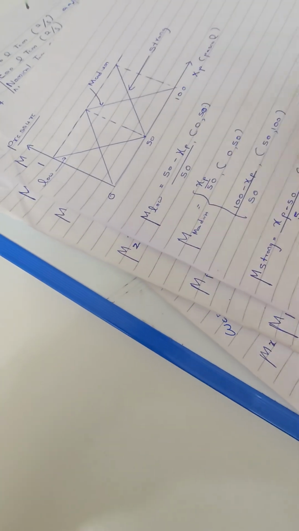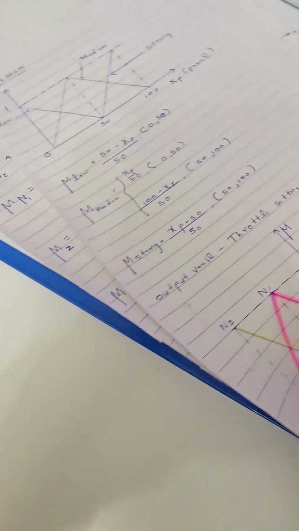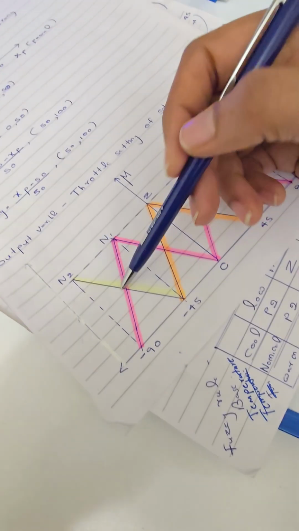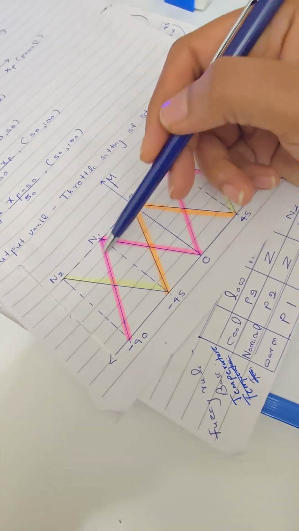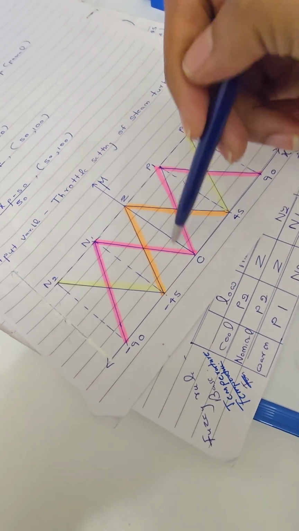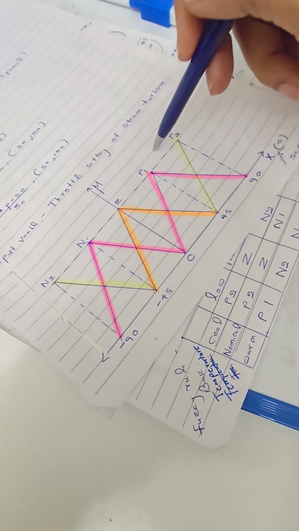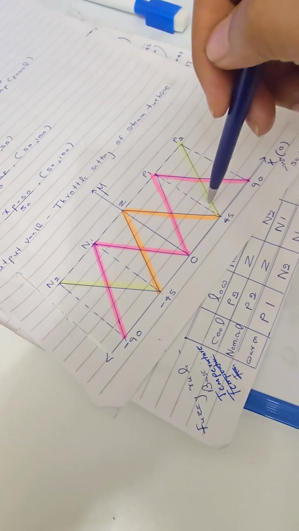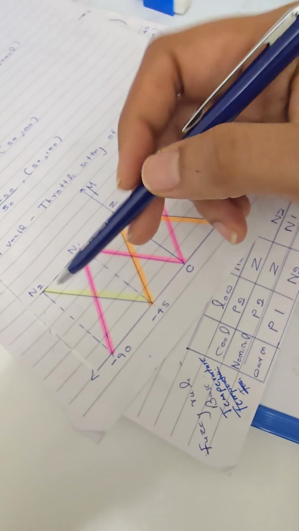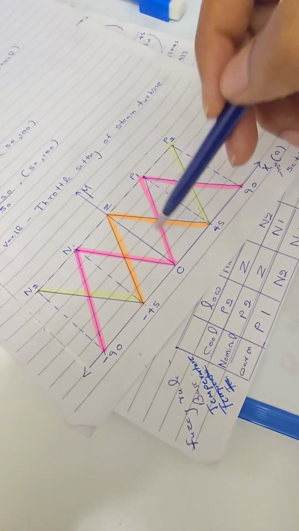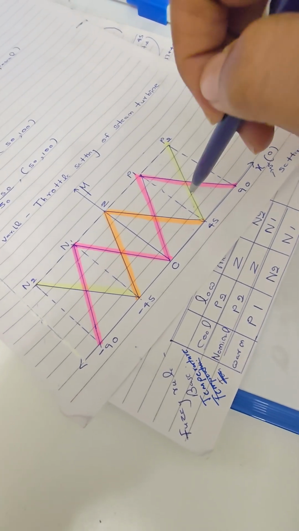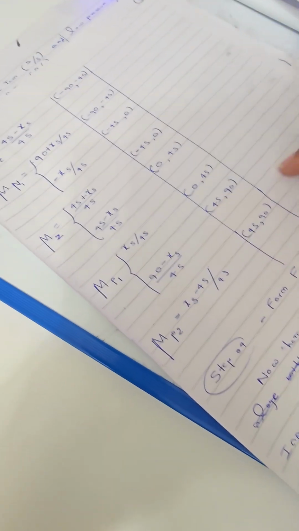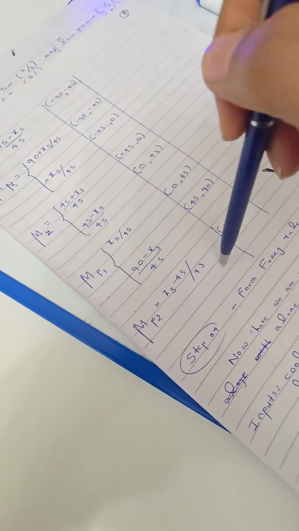We are just mentioning this part of the graph. And for the throttle setting, this is N2, this is N1, Z, P1 and P2. And we have 1, 2, 3, 4, 5, 6, 7, 8 membership functions. Then we should take out all of these membership functions one by one.